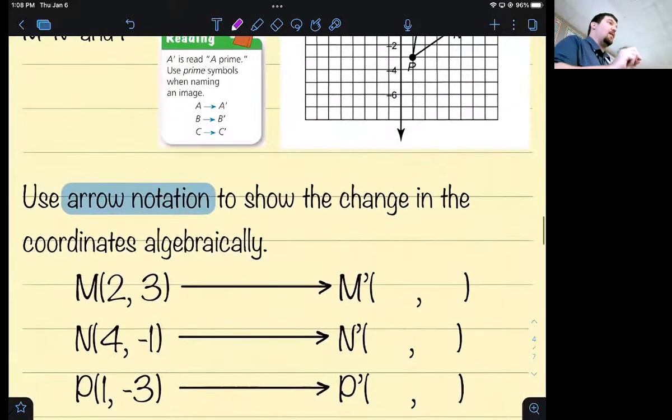And so I've got those written down. I'm going to draw arrows showing that these 3 new points are going to be different. And above the top arrow right here, I'm going to write what's actually going on. So if I move it 3 spots to the left, what am I doing to the coordinates? If I move 3 spots to the left, from the X, exactly.